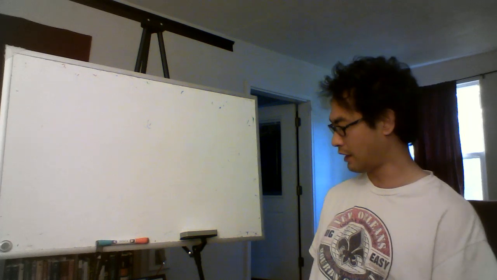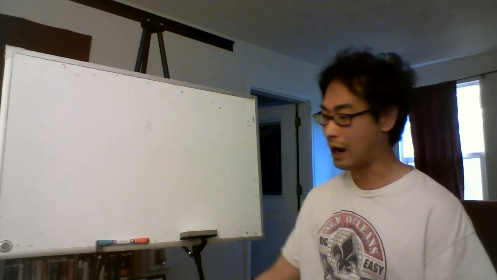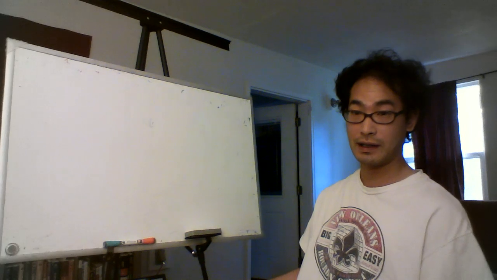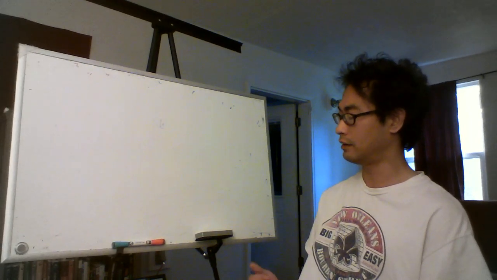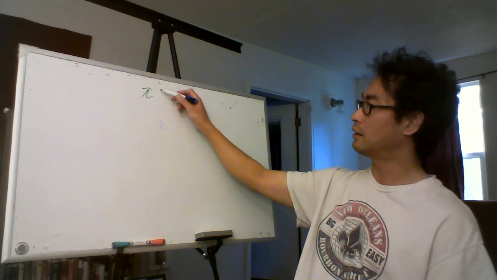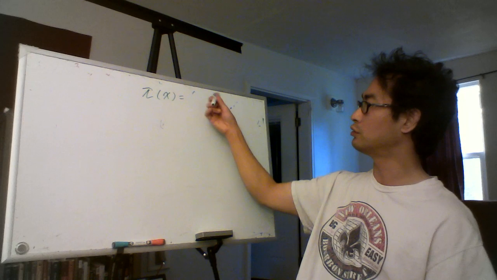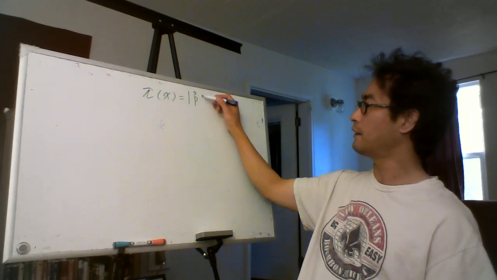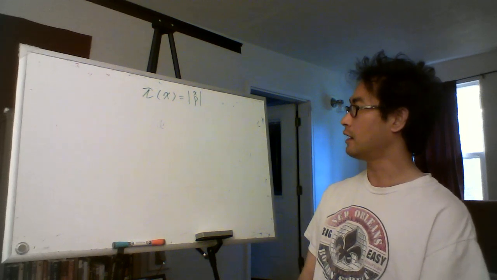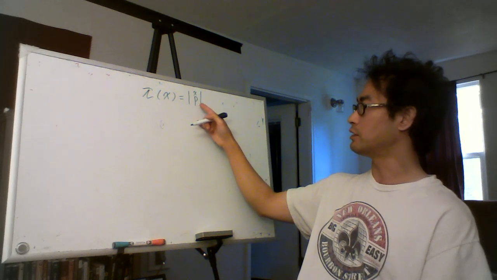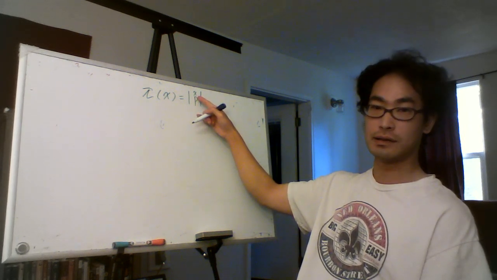So now we are doing the prime counting function. Let's say we have the prime number set P. Pi of x is equal to the absolute value of P up to x, the set of all primes, each of which is x or less.